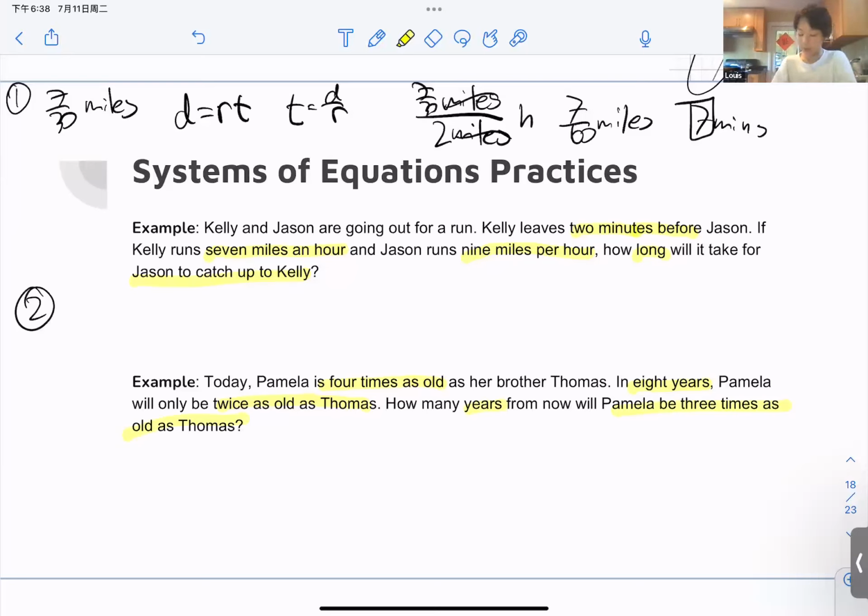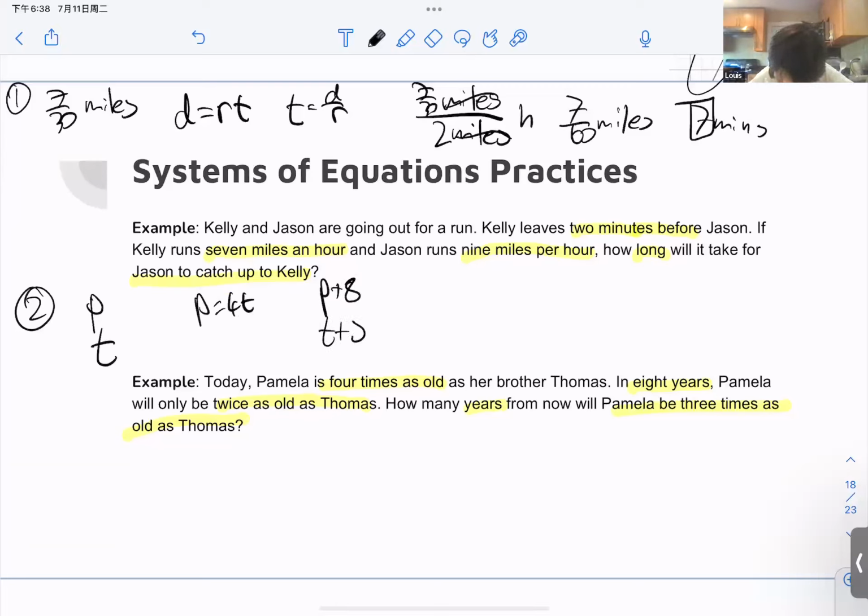Suppose Pamela's age is P and Thomas's age is T. So P equals 4T. And in 8 years, Pamela's age will be P plus 8 and Thomas's age will be T plus 8.